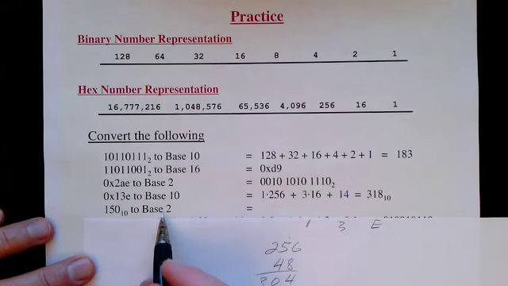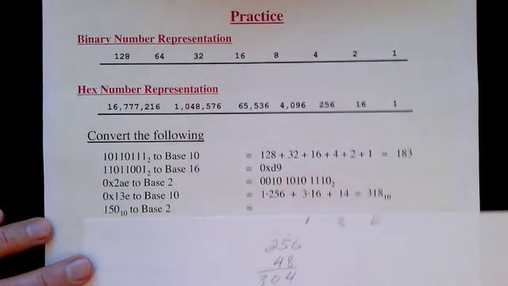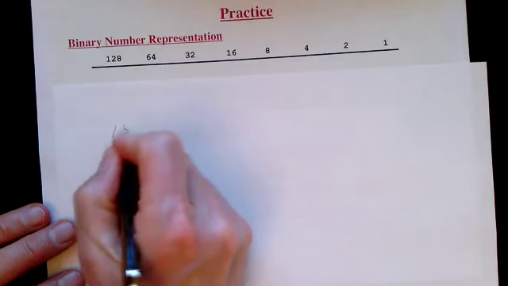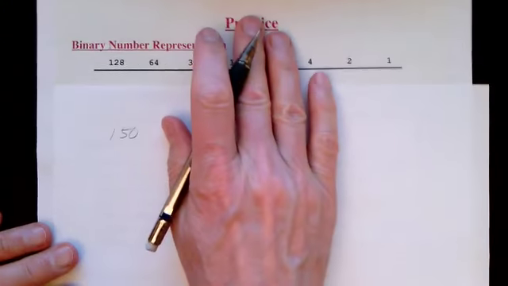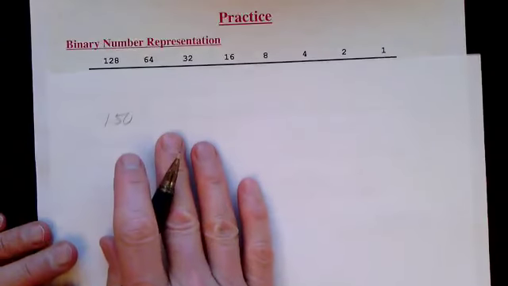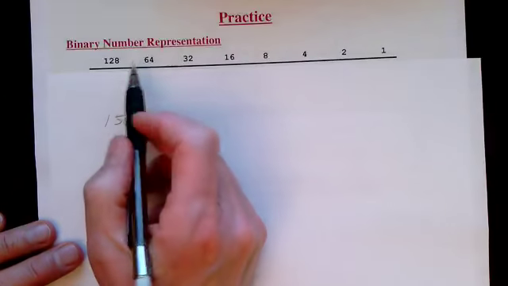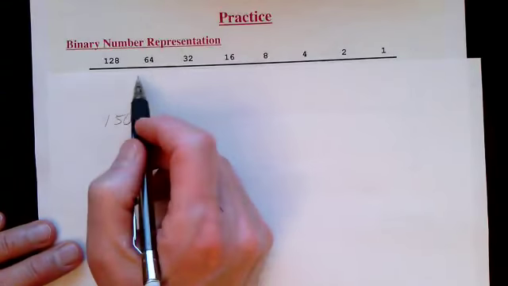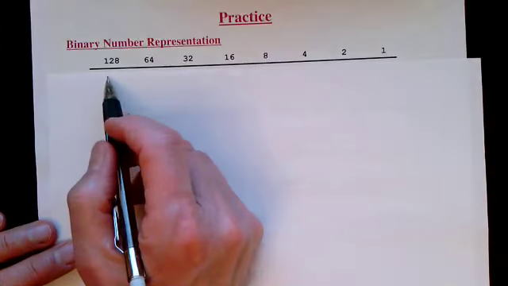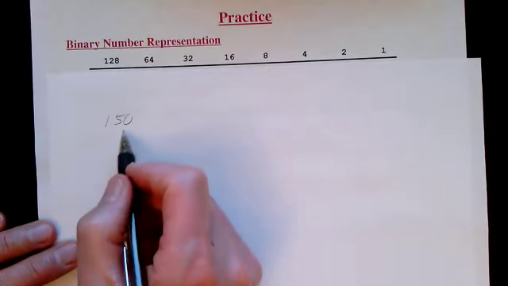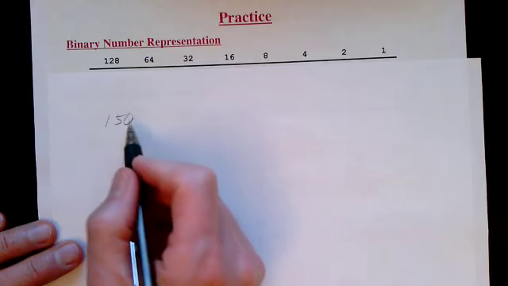Now we want to convert 150 to base 2. So let's go back up here. Our goal is to get 150. And let's think about what values we want for the different places. Let's start with the most significant. Is this number greater than 128?